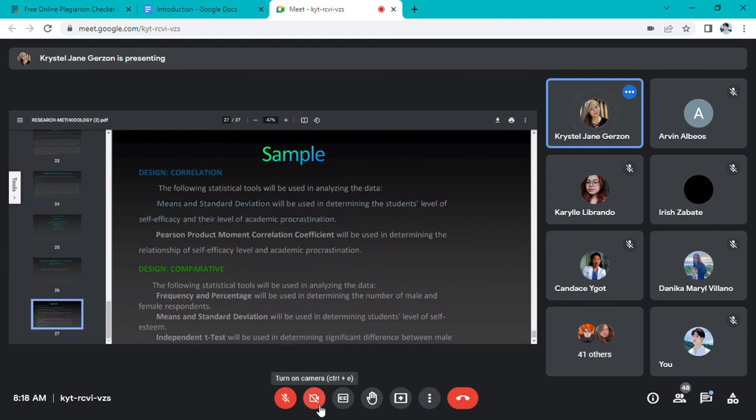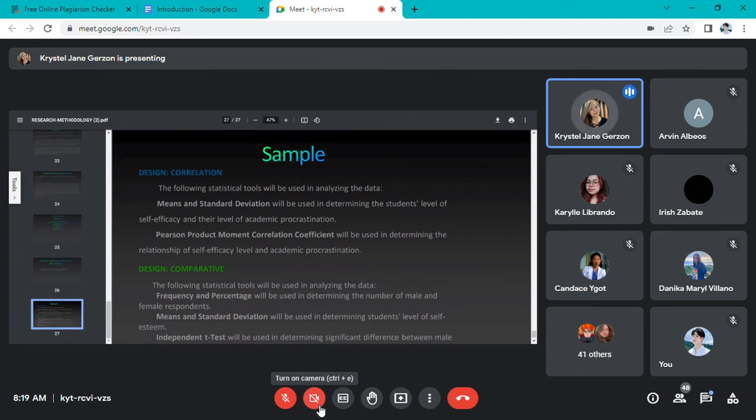And then second question, probably what is the level of the academic procrastination of the students. So for us to answer that question, we'd have to compute their weighted mean and their standard deviation. And then for us to answer the question, is there a significant relationship between this variable and that variable, most of the time we will be using Pearson product moment correlation.